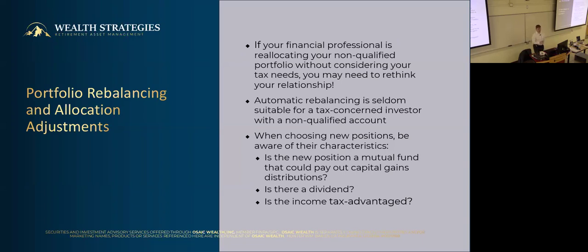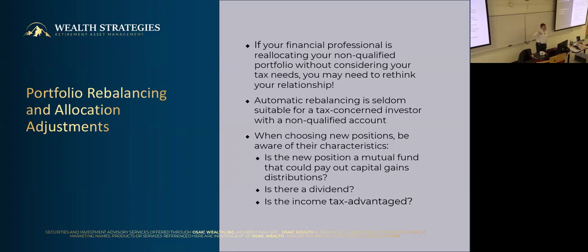Automatic rebalancing, where it's just an algorithm that trades it, following a rebalancing schedule to the T every single time without any thought, is not really suitable for the most part for a tax concerned investor with a non-qualified account. Basically that's a non-tax advantaged account, an account where if you make a sale for capital gains, you owe the taxes this year, versus an IRA where if you sell a position in there, nothing happens to your tax bill.